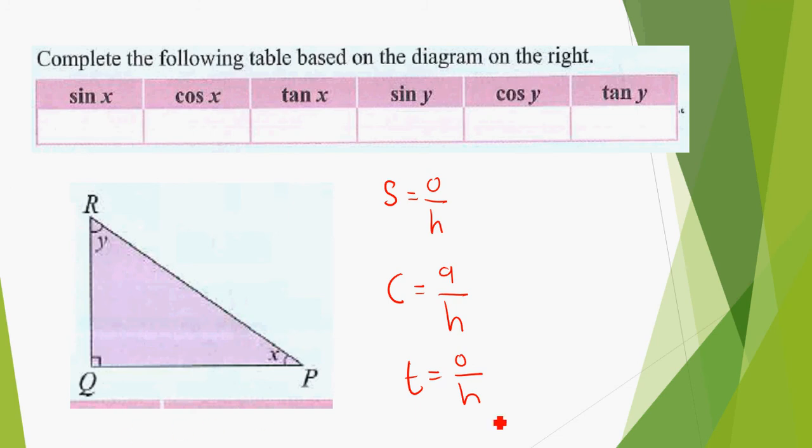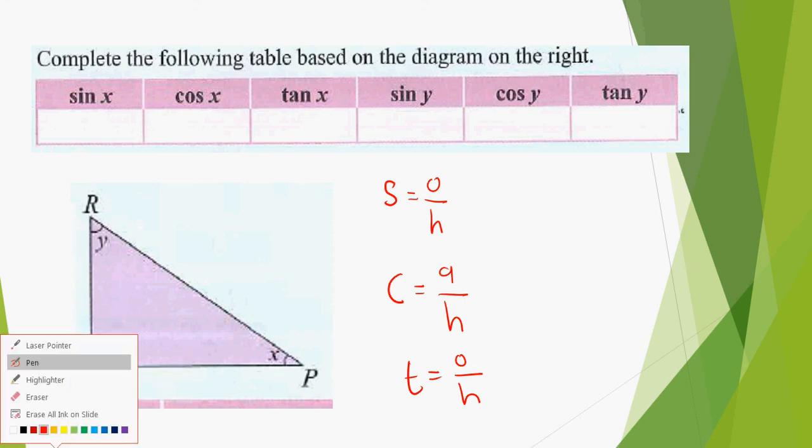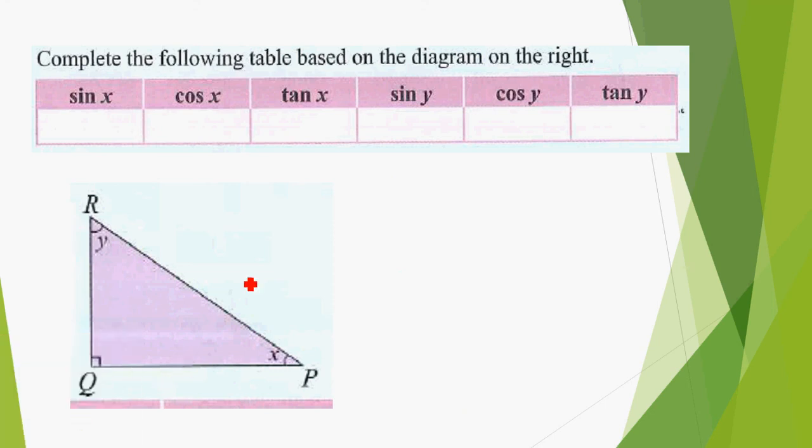You must be able to identify the sides of the triangle. I write here the formula: SOH CAH TOA. Easy to remember, right?